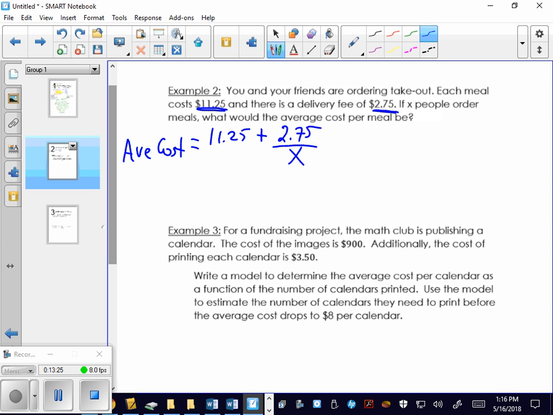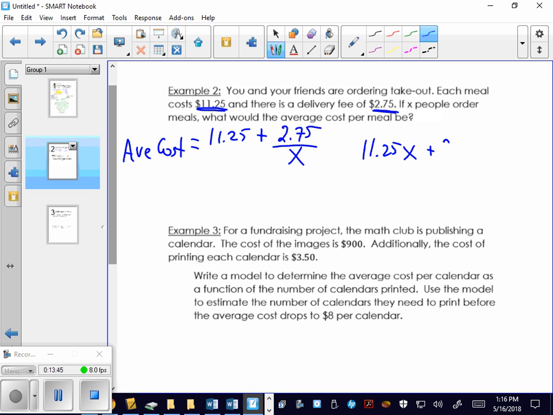All right, that one's not so bad. That could also be written in a different way, just to make sure you guys see this. We could have also said, well, each one of us is going to pay $11.25, so it's $11.25 times however many of us there are.